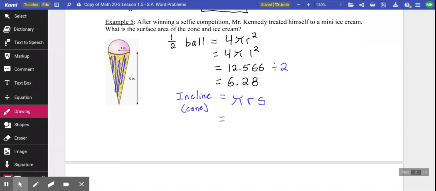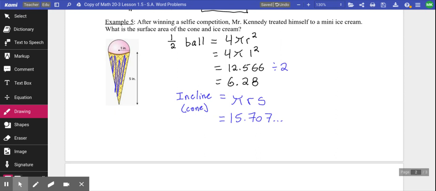If we put pi rs into our calculator, so pi times r, which is 1, times s, which is 5, you get 15.707... Pi's are 1 pi. When r is equal to 1, you didn't need to put r. You can get away without multiplying it. I totally forgot to put r in it though. Yeah, because multiplying by 1 is just doing itself, so it's fine.